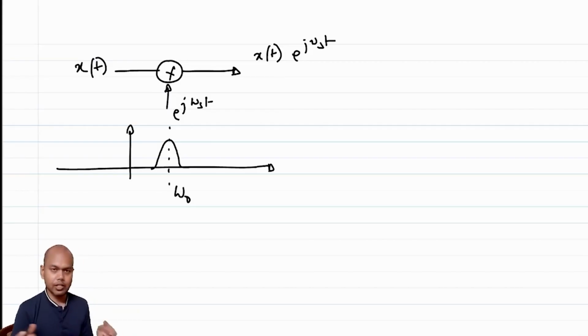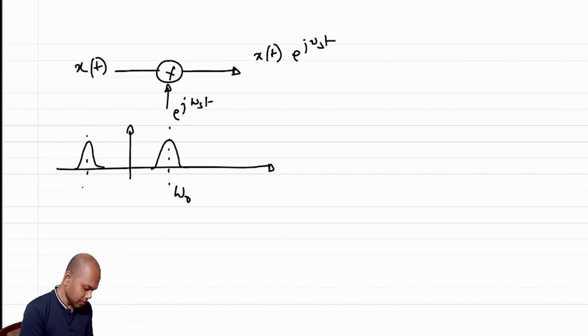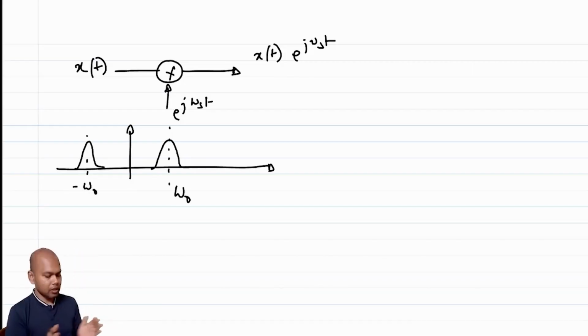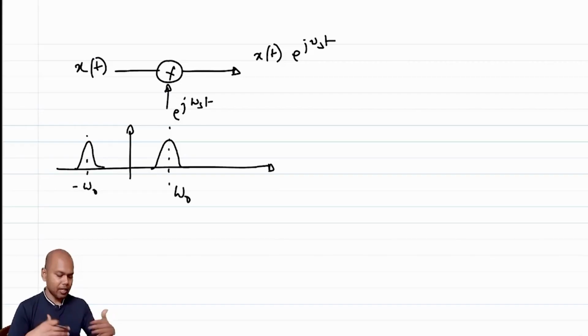And naturally, if it's a real signal, you are going to have the same thing on the negative axis. The phase around omega naught and phase around minus omega naught can be either the same or negative of each other. But that's regardless. Let's concentrate on the magnitude for the time being.